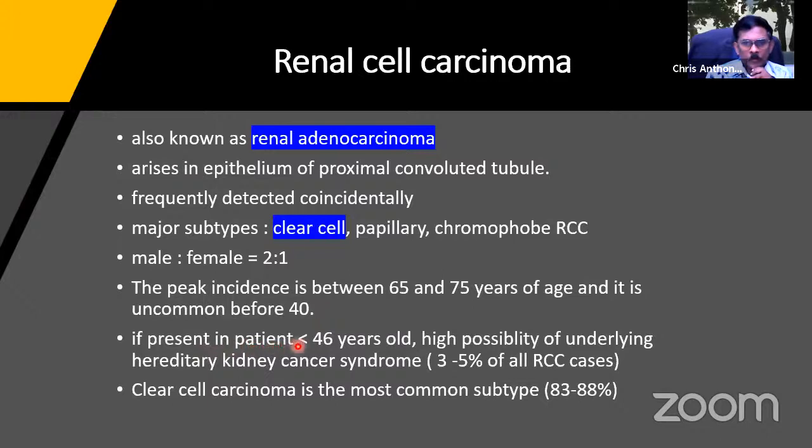If present in patients less than 46, there is a high possibility of an underlying hereditary kidney cancer syndrome. Among the three major subtypes, clear cell carcinoma is the most common, accounting for 83 to 88% of renal cell tumors.